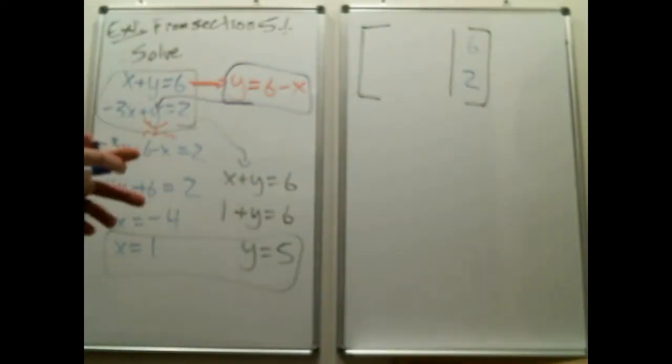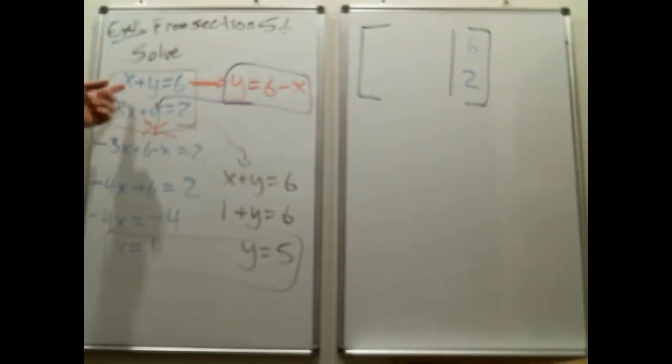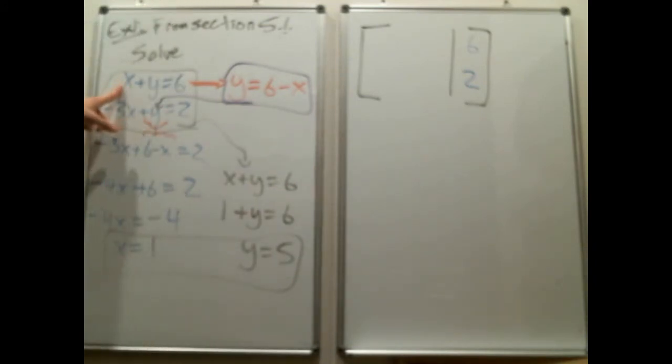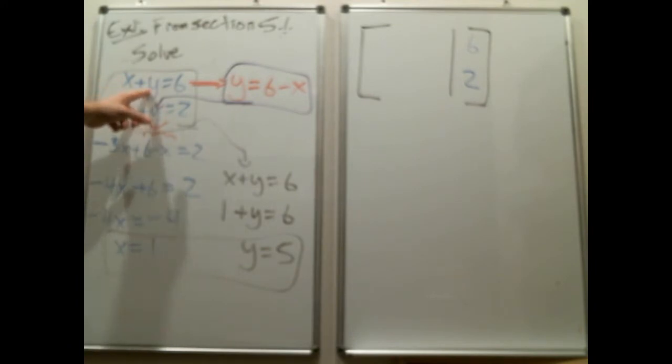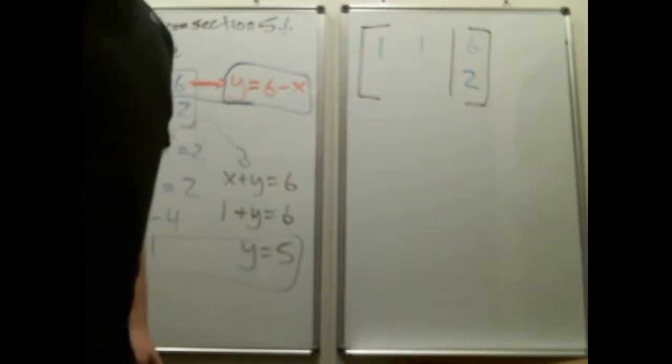All right, and then we have other numbers that are going to go here and here, and those are simply the coefficients of each of these. All right, so the coefficient here, there's nothing written, so that means it's 1. The coefficient here is 1 also.